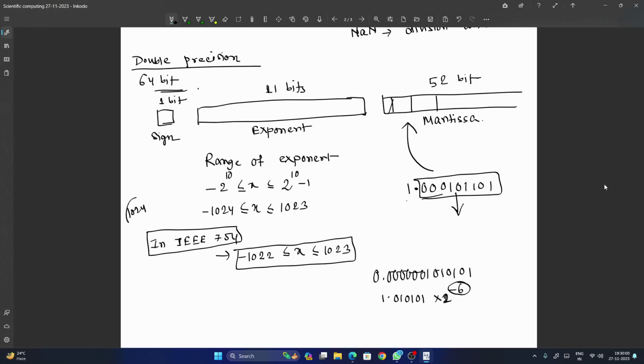So that's why in the IEEE 754 format, particularly for this format, we use the biased exponent form. Biased exponent, that is very important. So what is a biased exponent here? Suppose you have minus 6. Now what is the minimum exponent you can have in this system?